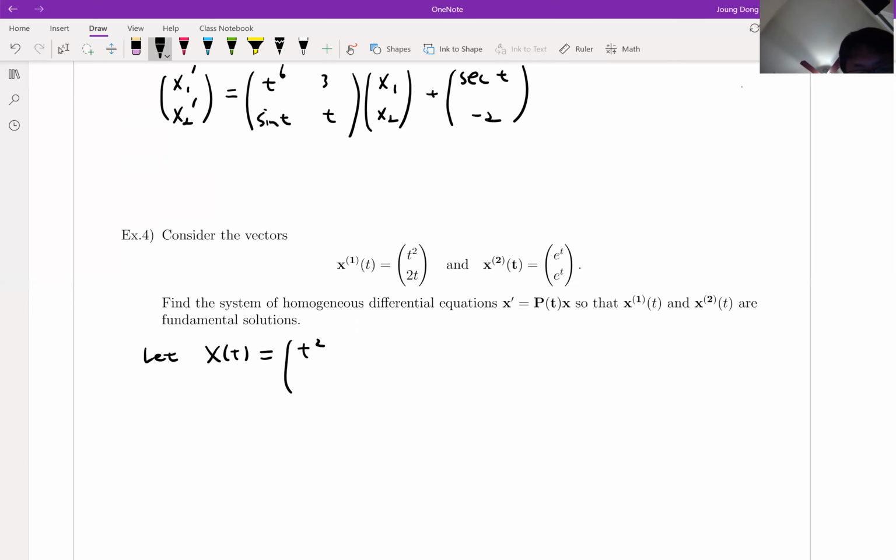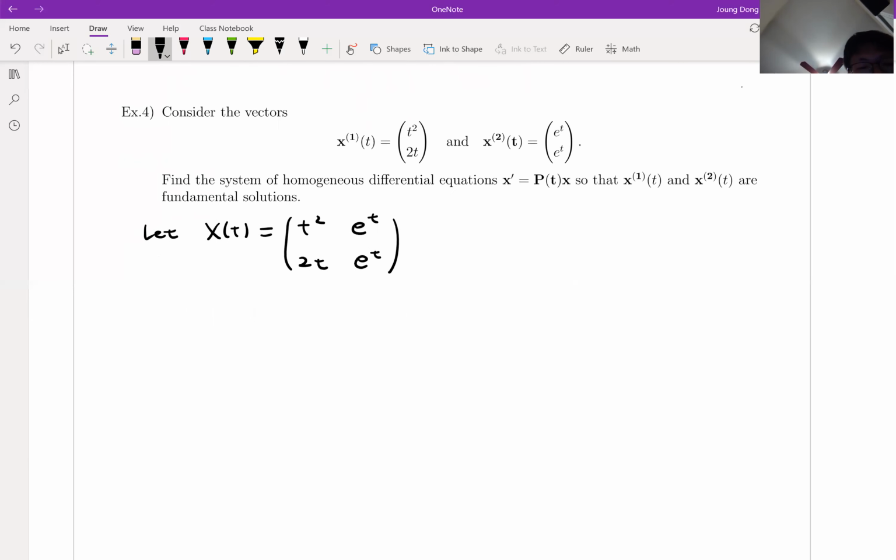T squared, 2t, e to t, right? Okay, we're going to use this. But think about it: X prime equals P(t) X, right? Since we set X as a matrix now, not a vector, we can multiply by the inverse matrix.